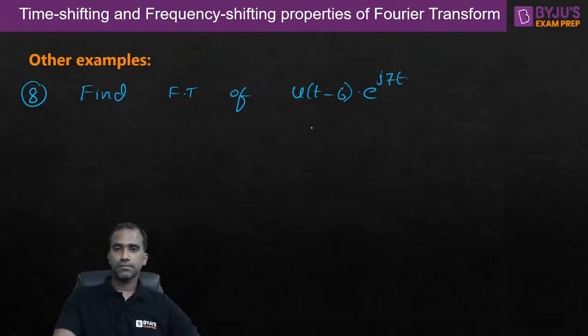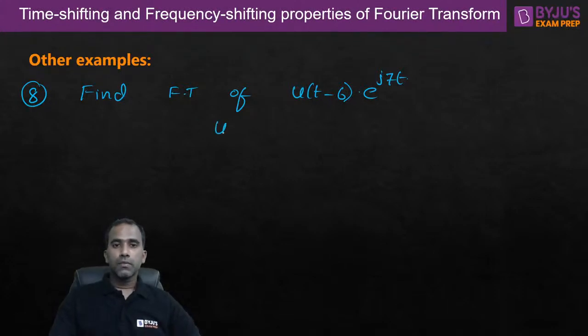Talking about this. What is the basic function inside this that we are comfortable with? U of t is the basic function. Apart from that, what other operations are they doing? Shifting and multiplication with some complex sinusoid, right? So there are two operations happening on this. So we can deal with both operations one by one.